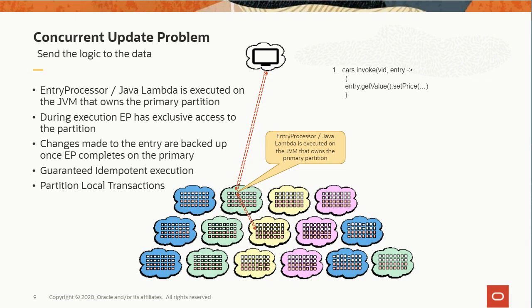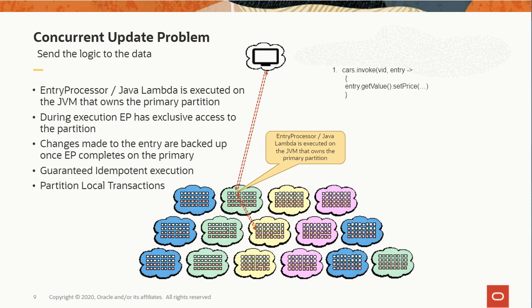During the entry processor execution, that particular client or thread has exclusive access to the partition containing that key value, so it solves the concurrency problem. And we don't return control to the client until after the changes are backed up to the backup partition owner.